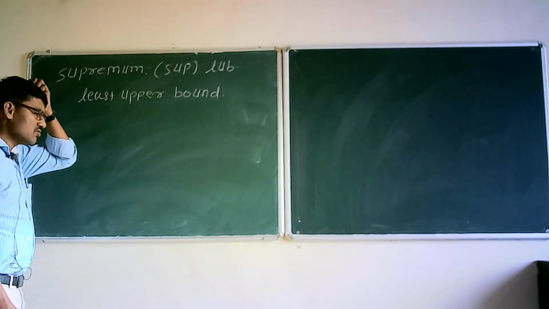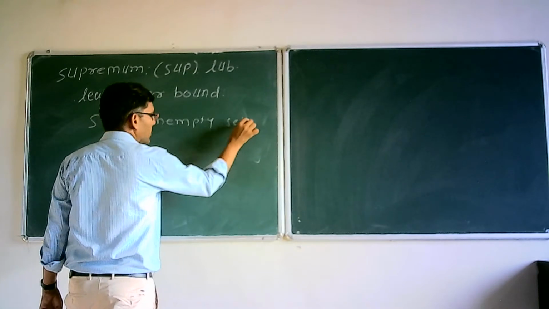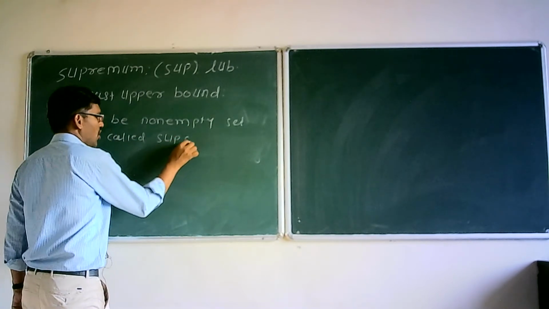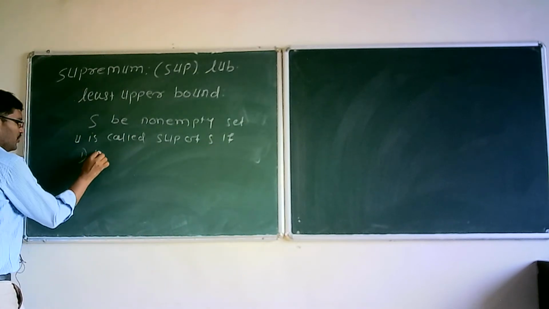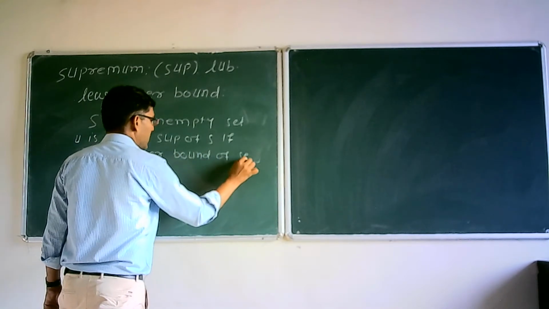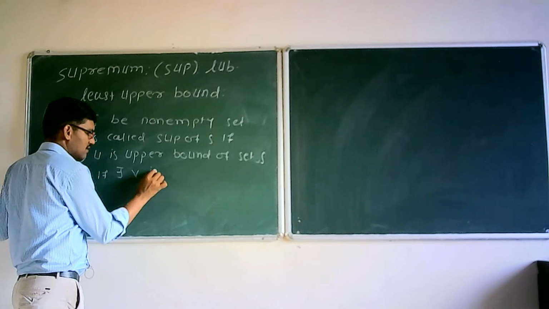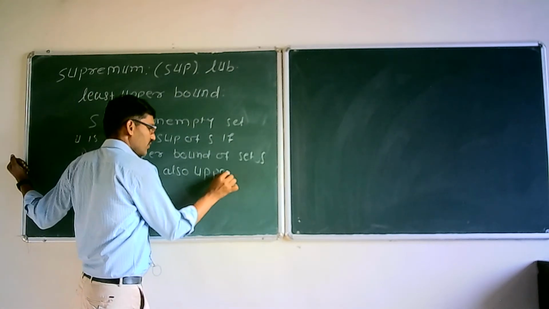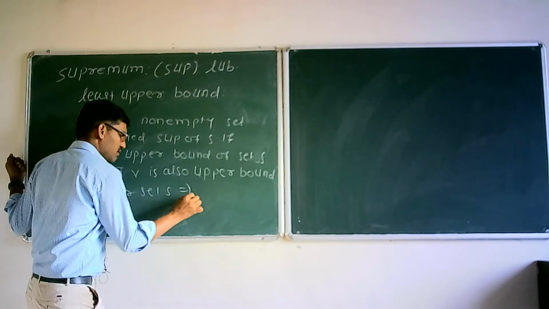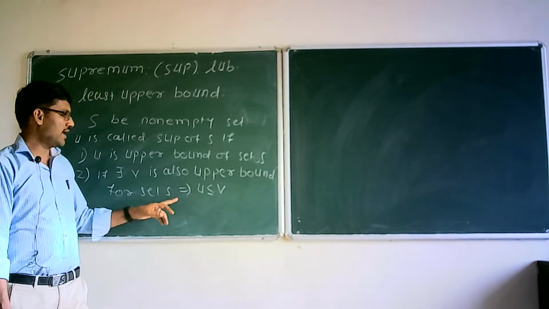Let S be any non-empty set of real numbers, then U is called the supremum of S if first, U is an upper bound of set S, and second, if V is also an upper bound for S, then U is less than or equal to V. This means U is the least upper bound, and it is called the supremum of the set.